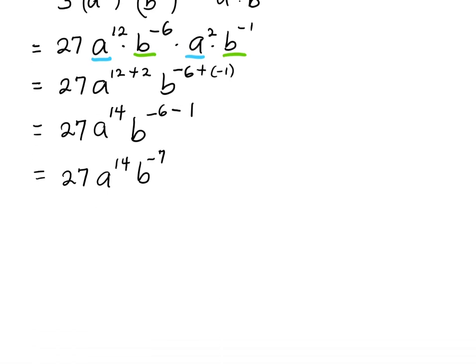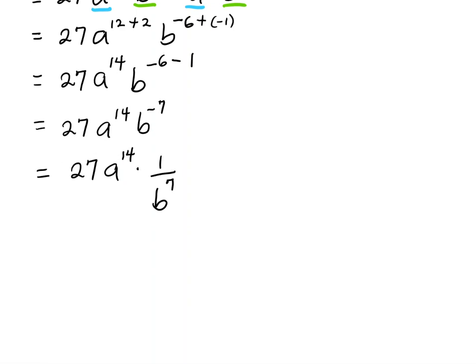So let us try to write this in a way that we have just positive exponent. So that is 27, a raised to power of 14 times 1 by b raised to power of 7. You know how we can write that by now. So that is 27, a raised to power of 14 by b raised to power of 7.